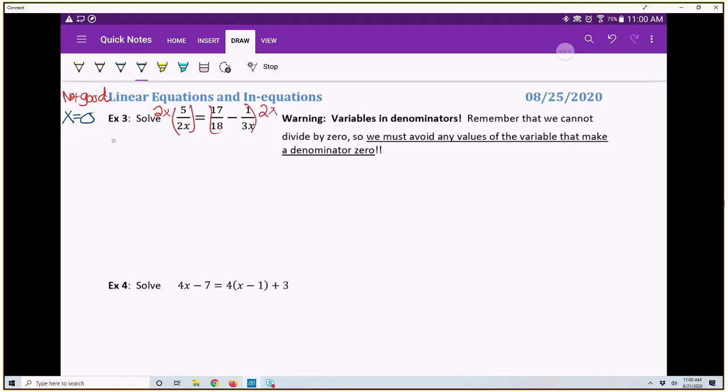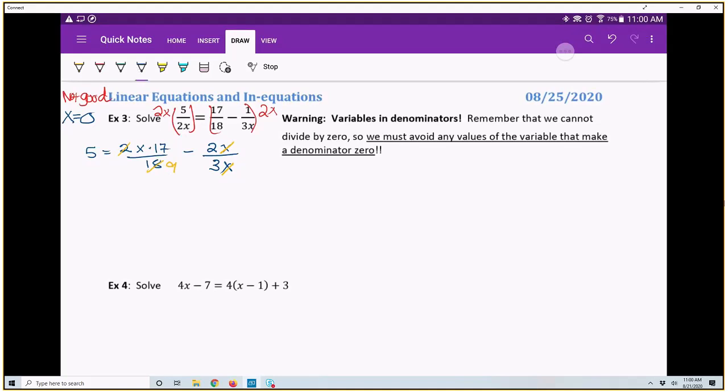On the left side I have 5, and on the right side I have 2x times 17 over 18 minus 2x over 3x. So I see that this has also taken care of this x. I get to cancel it as long as x is not 0. And I also have a little bit of cancellation I can do here. I have a common factor, so I can make 18 into 9 by canceling the 2.